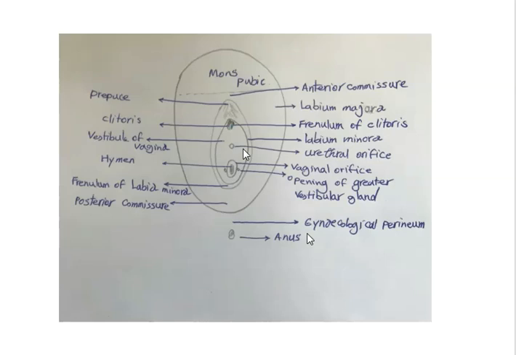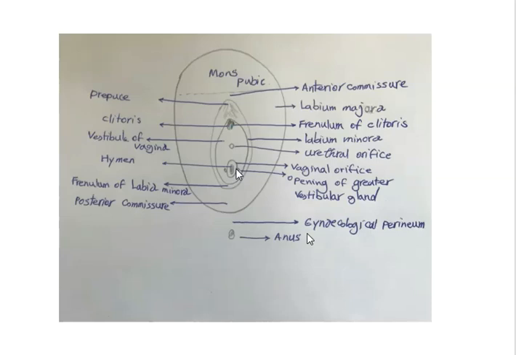The space between the two labia minora is the vestibule of the vagina. The following features we expect to find in the vestibule of the vagina. The urethral orifice, as you can see here, is about 2.5 centimeters behind the clitoris, and the vaginal orifice belongs to the vagina.